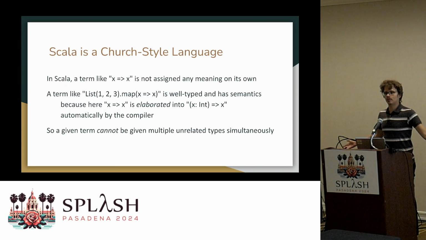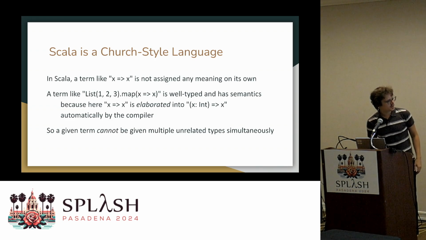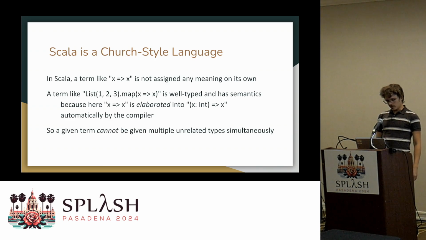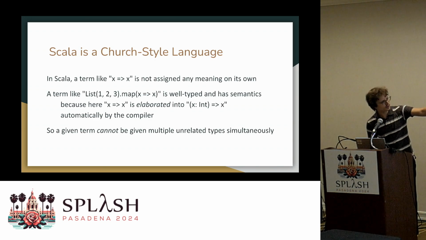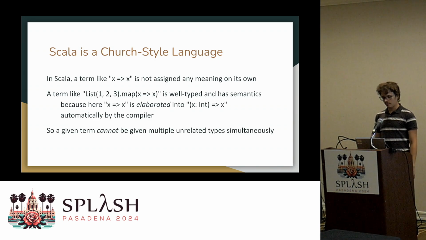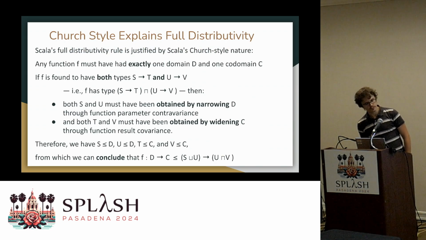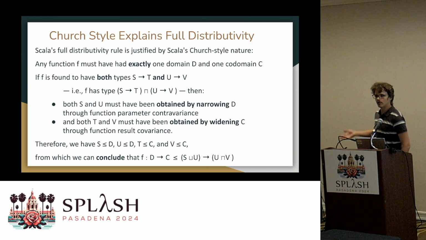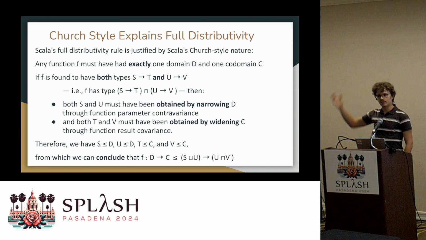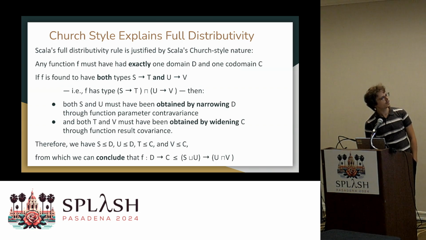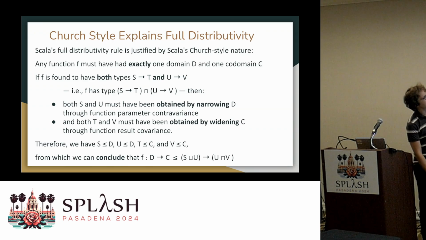Otherwise, they just cannot be compiled, you know? And so such a given lambda term cannot have multiple unrelated types simultaneously. It's a Church-style language. So how does Church-style explain full distributivity? Now we can actually justify this crazy rule I showed earlier that didn't seem to make any sense. But actually, it makes sense. So think of it this way.